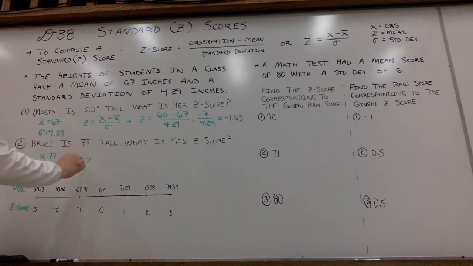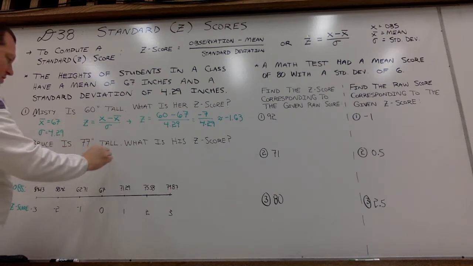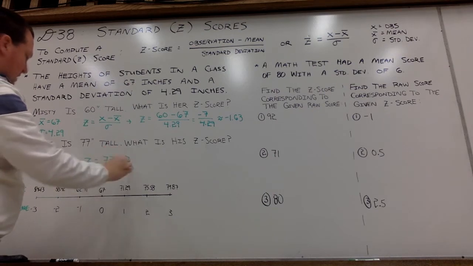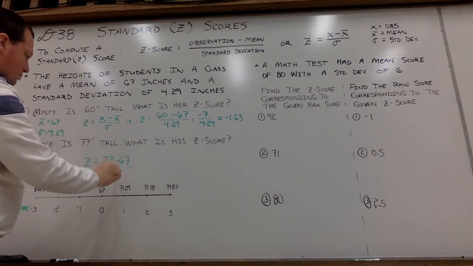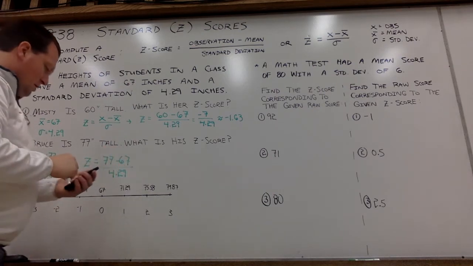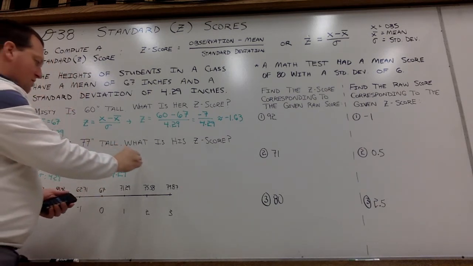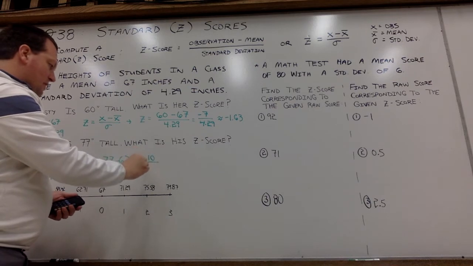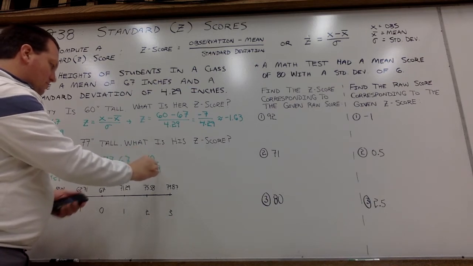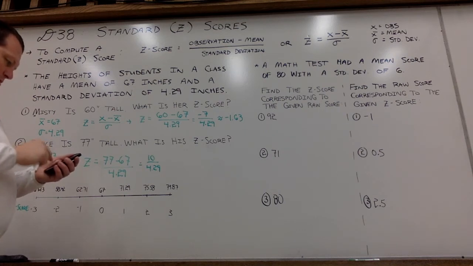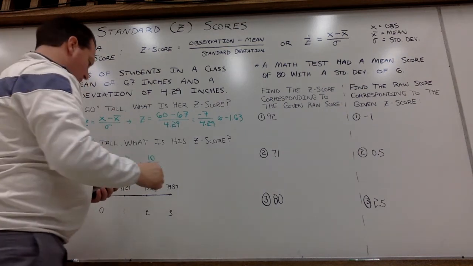So Bruce's z-score is equal to his observation, 77, minus the mean of 67, divided by the standard deviation of 4.29. 77 minus 67, of course, is 10, divided by 4.29. Let's crunch it and then munch it. So 2.33.